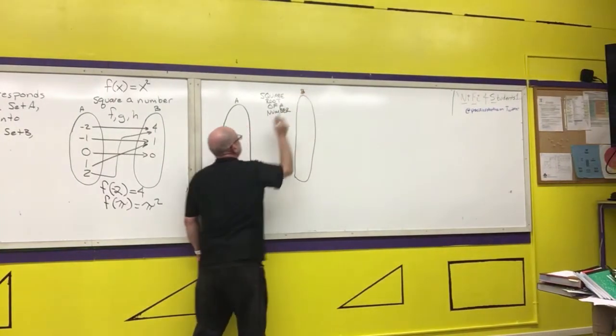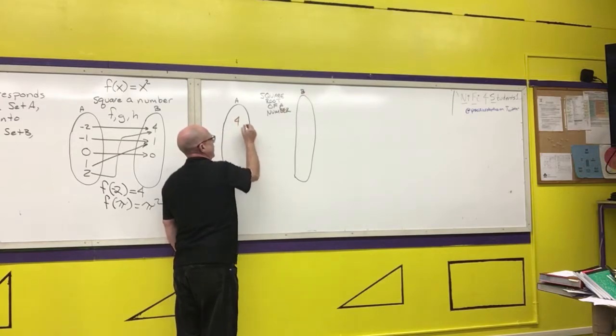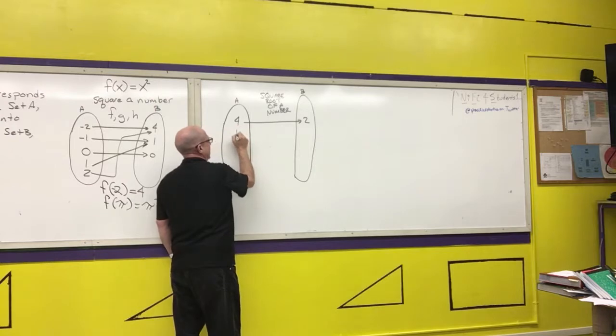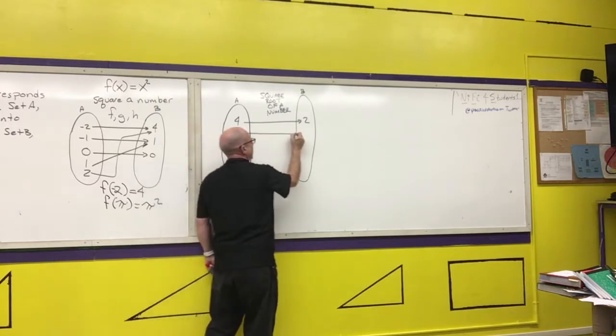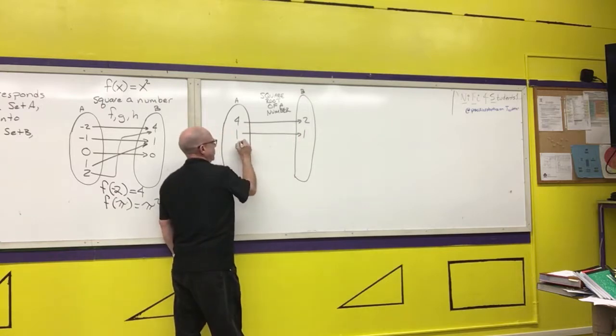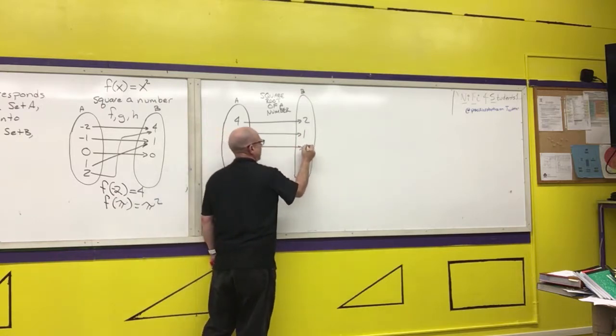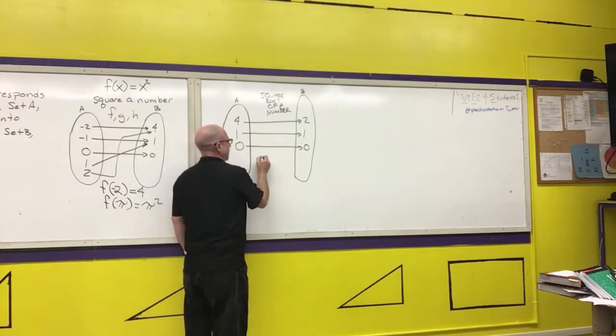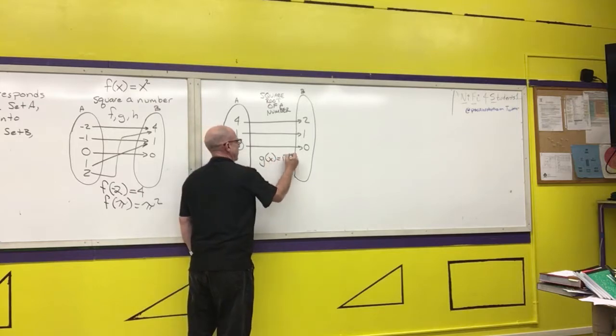In my two sets, if I take the number 4 in the domain, it's going to map to the number 2 in the range. I take the number 1 in the domain, it will map to the number 1 in the range. Put 0 into the domain, it maps to 0 in the range.